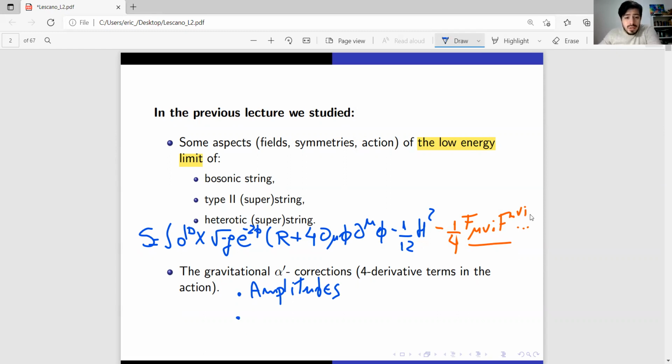We also have beta function computations, where we try to preserve local Weyl invariance at the level of the effective theory. This is another way to obtain alpha prime corrections. Both methods are very difficult to perform in arbitrary backgrounds, when the metric tensor is not constant.